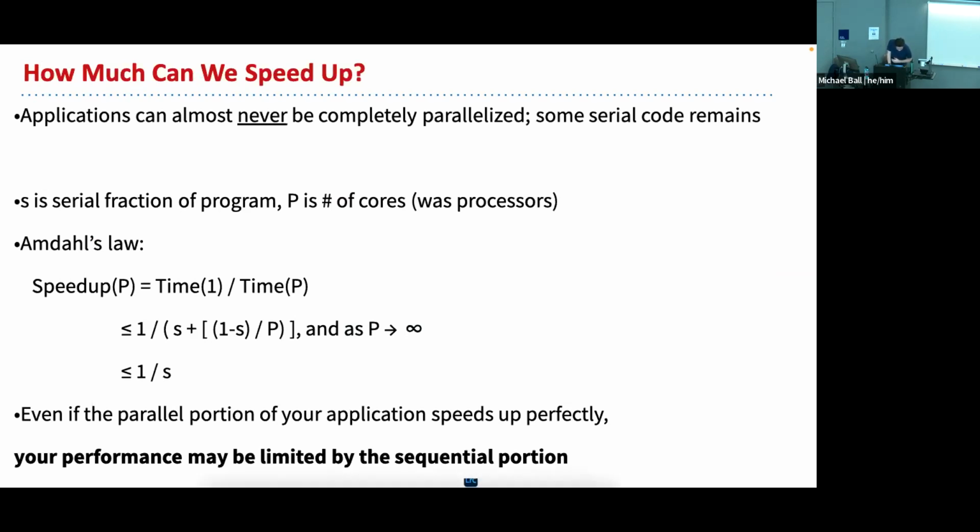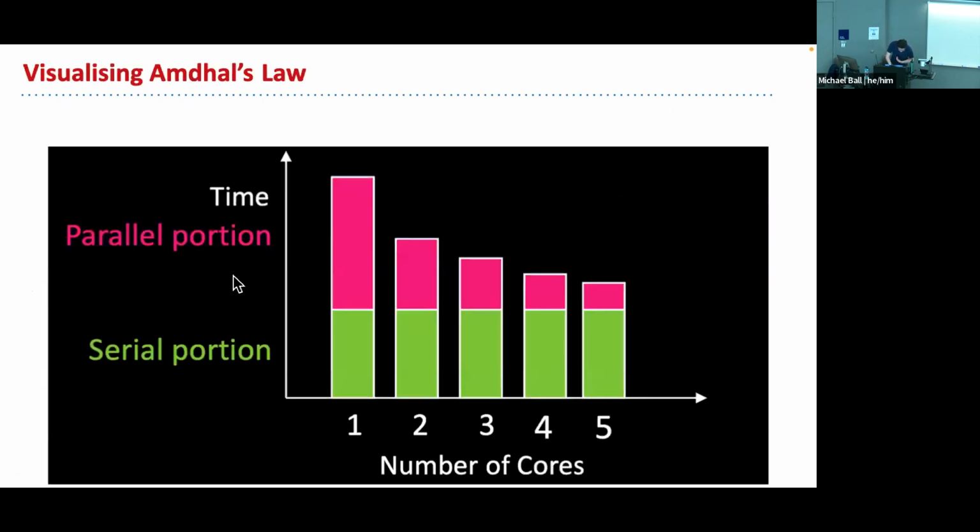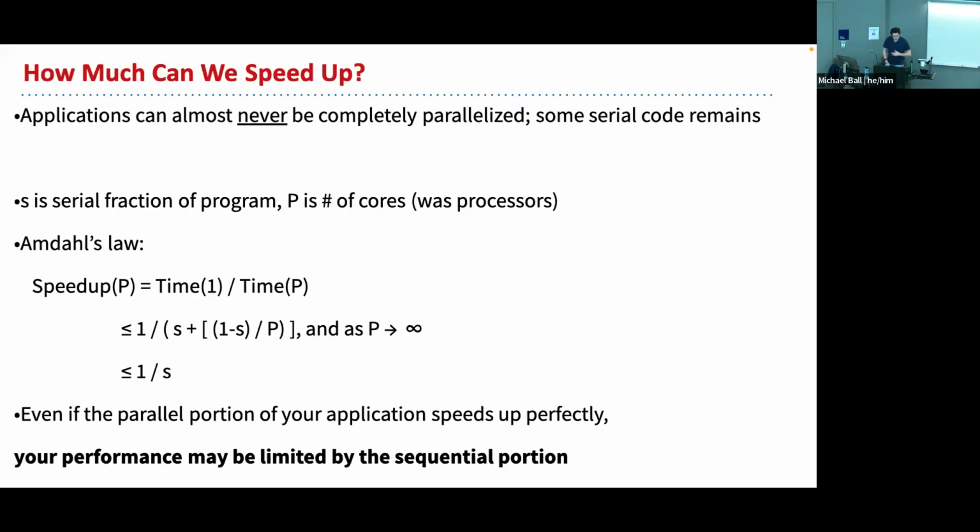So the real way that this is written out is, our total speed up is 1 over, roughly, the number of processors. Actually, let's go back to this.